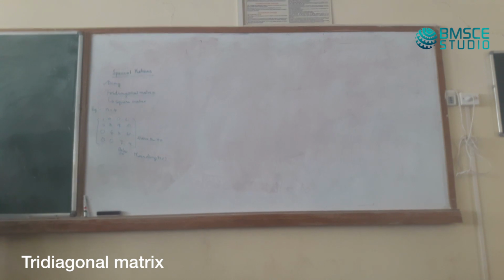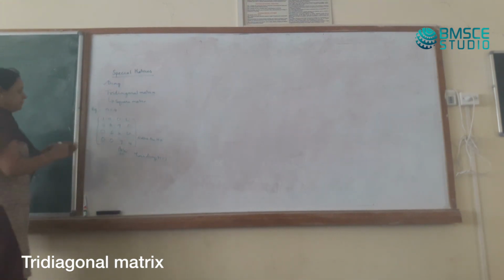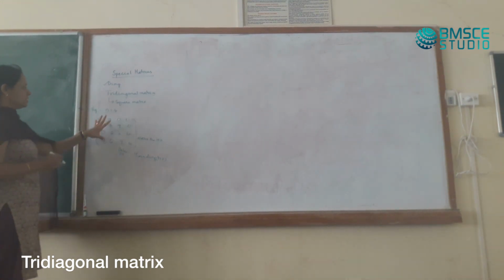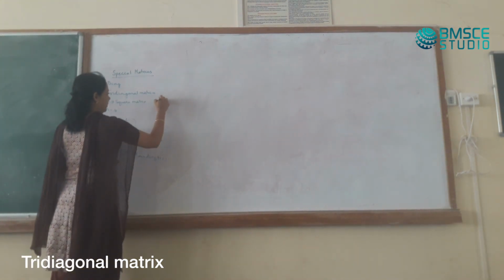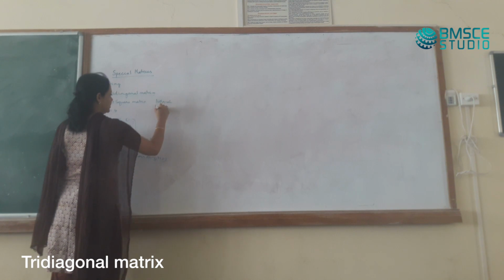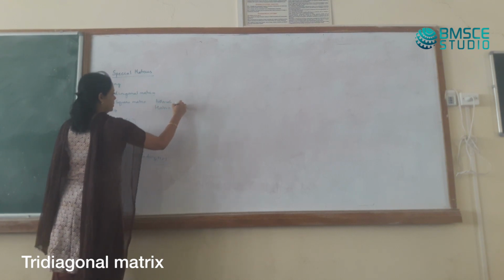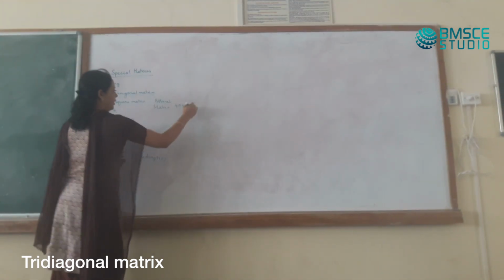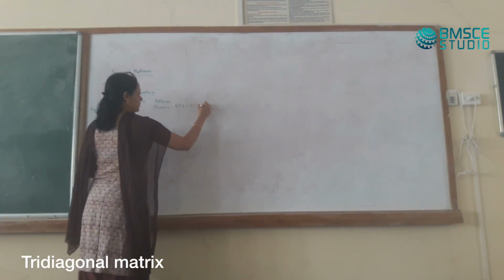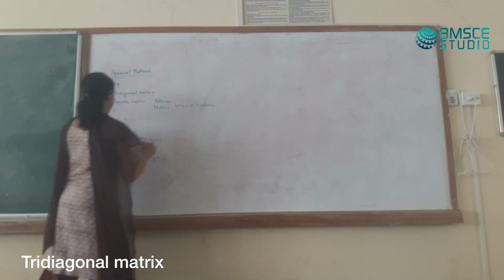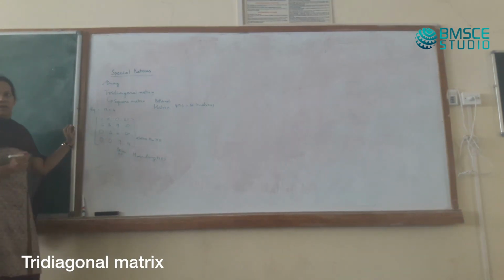Is this clear? Now again, if I use a normal matrix that we developed in the first class of matrix, then we would set aside 4 into 4, 16 memory locations. But how much data do we have now?